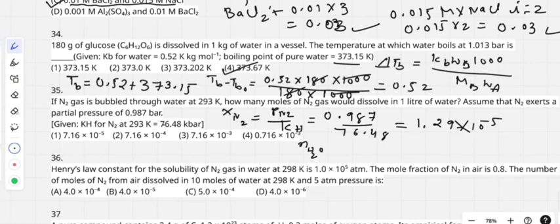N of H2O is equal to W divided by M. W here, the weight, is 1000 grams for 1 liter, divided by 18. It is equal to 55.56 moles.